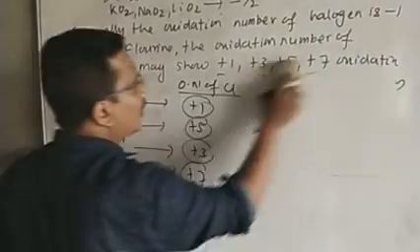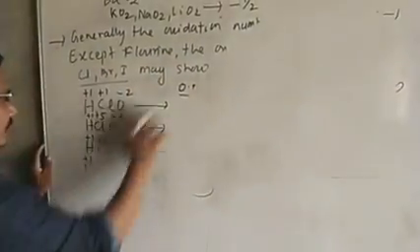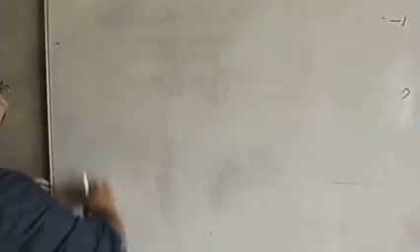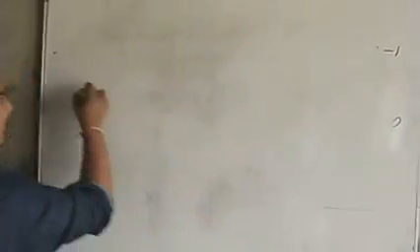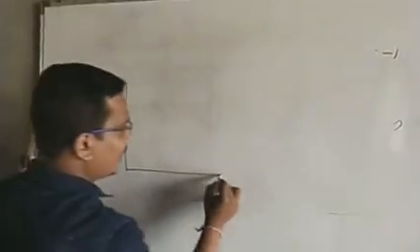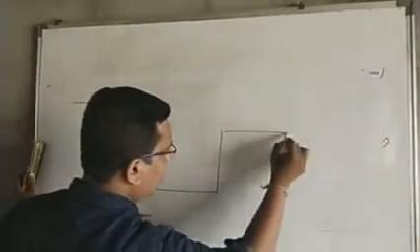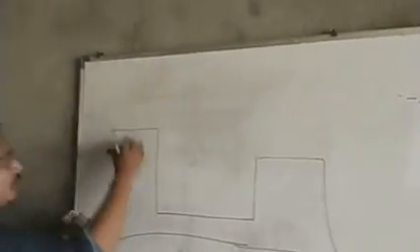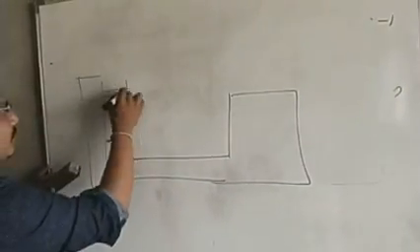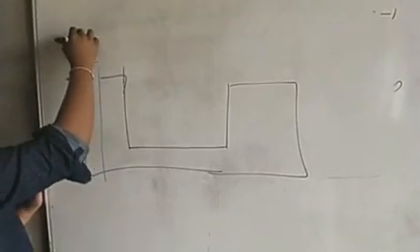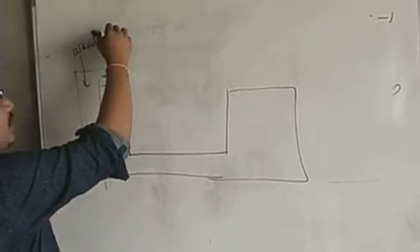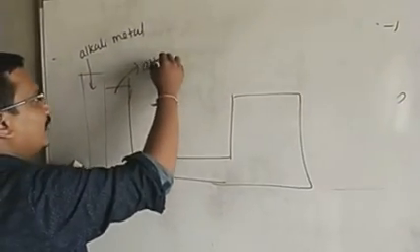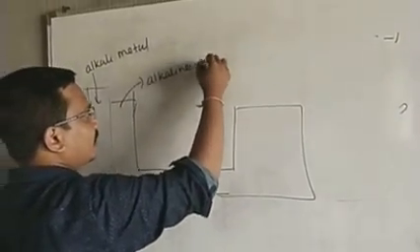Next, what will be the next rule? We know that in the periodic table, this is your periodic table. Two groups are present here: one is the alkali metals, another is the alkaline earth metals.